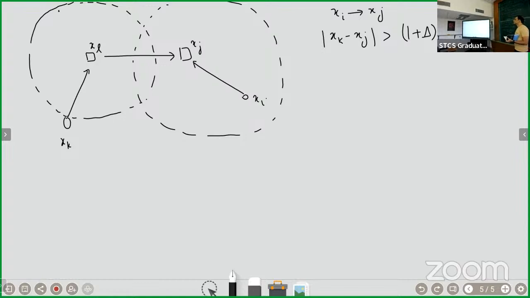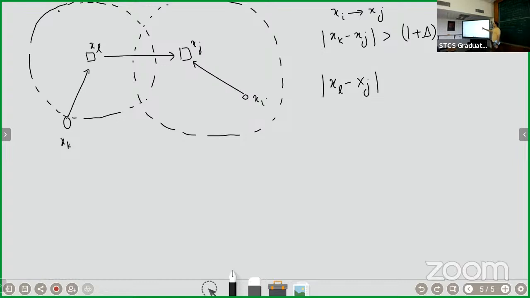That will tell me how far any two receiving nodes can be. So I'm interested in writing a lower bound on Xl minus Xj. And remember, both are successful: Xk to Xl is successful as well as Xi to Xj. What I'm trying to find is, for simultaneously successful transmissions, how far apart the receivers ought to be.